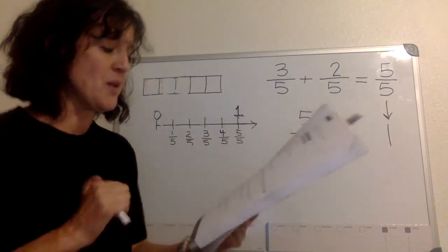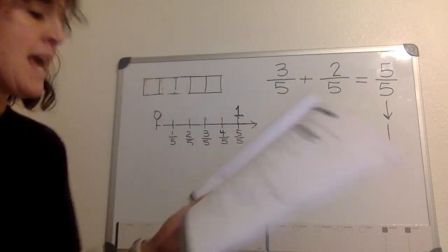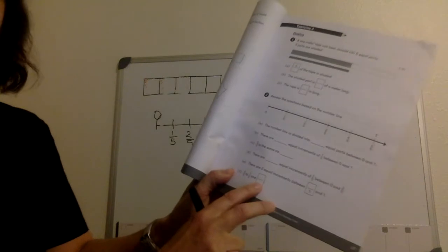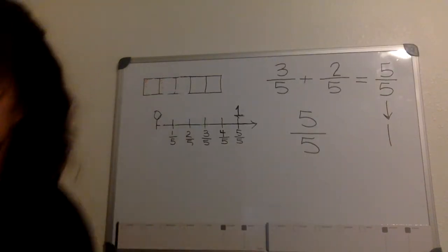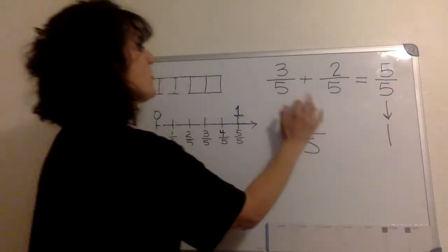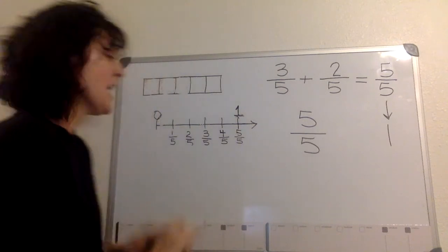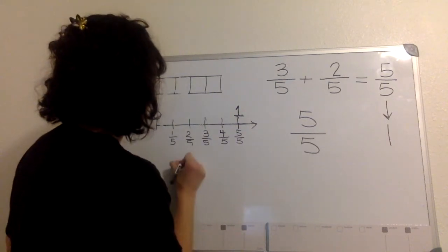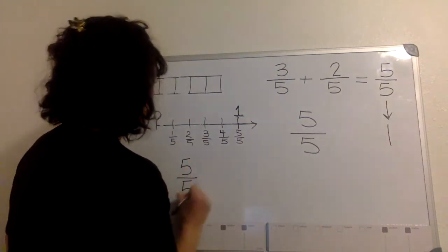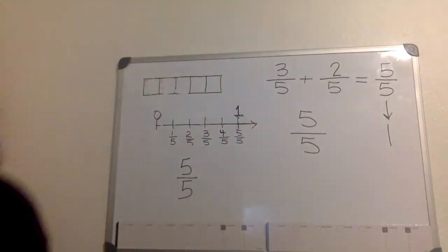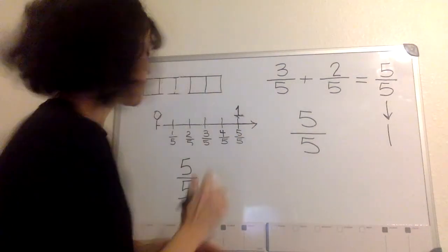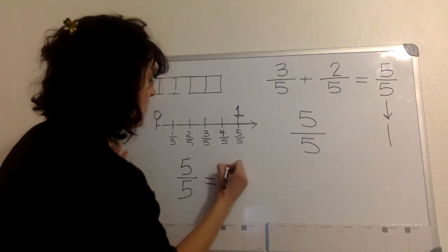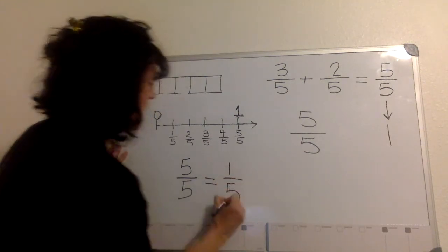Let's move on to F. 5/5 is 1/5 and blank. All right. Let's think about this. Basically what they're doing is what I did up here. Except now, instead of using 3/5 as one of my fractions, they're using 1/5. Okay?